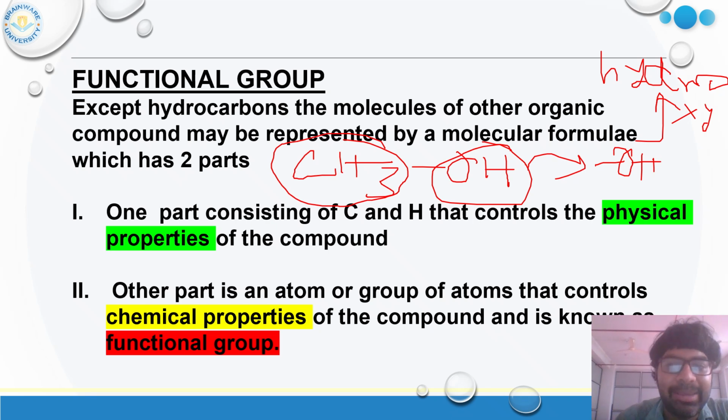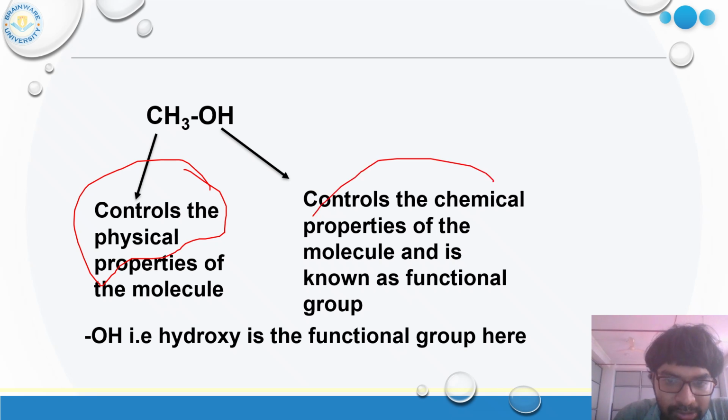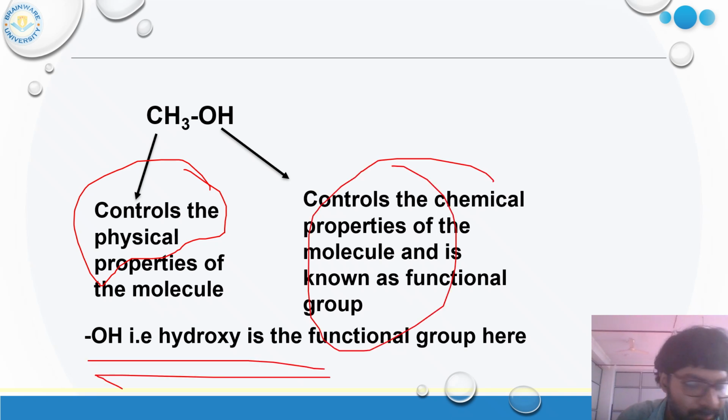OH controls the chemical properties of the compound. The part which controls the chemical properties of the compound is known as the functional group. So which one is the functional group here? The functional group is OH. Now we are taking this example. CH3 controls the physical properties, OH controls the chemical properties. Which one is the functional group? OH is the functional group.